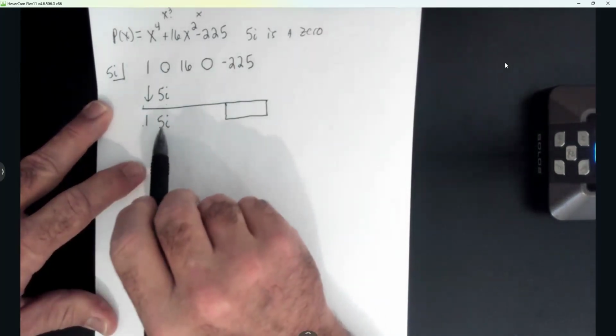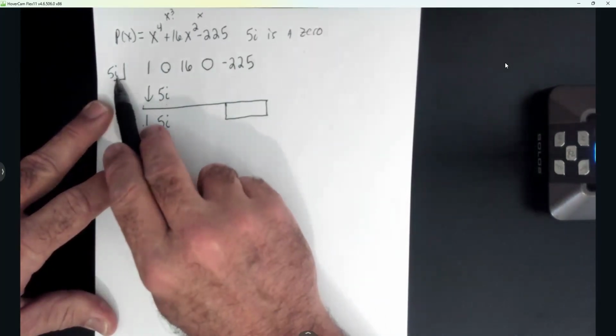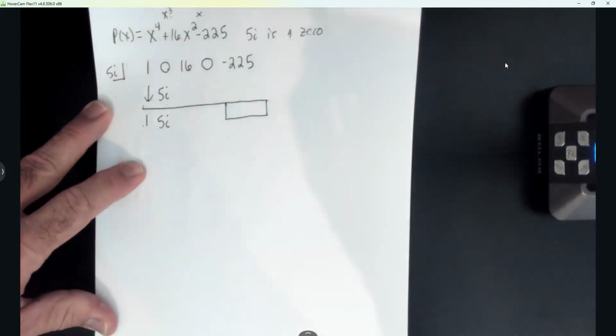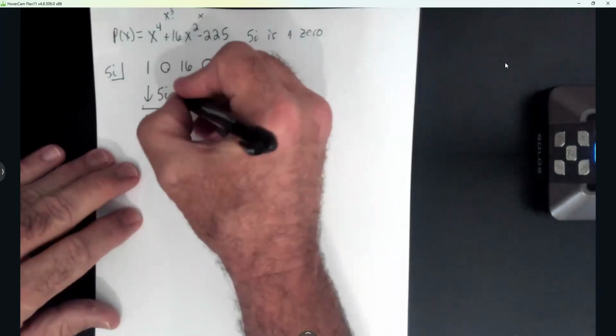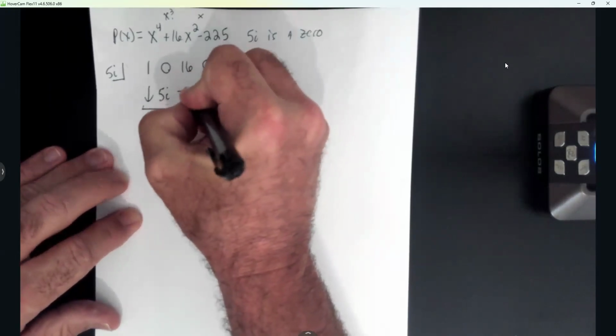Now watch this. 5i times 5i is 25i squared. Well, y'all, i squared equals negative 1. So 25 times negative 1 makes that a negative 25.